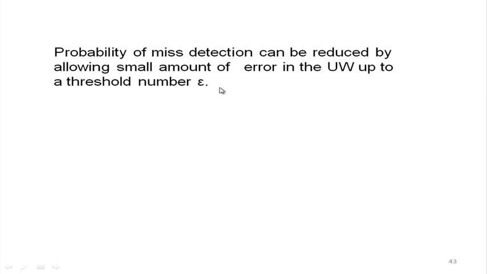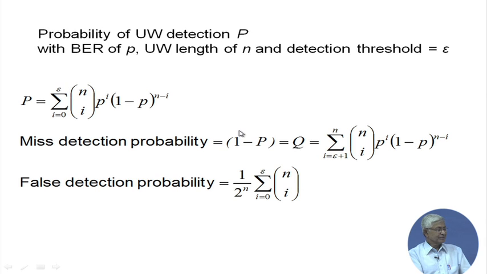Now, the probability of misdetection can be reduced if you tolerate one error, or two errors, or epsilon number of errors, depending on how much tolerance your system has. That is, you can put a threshold of error tolerance, and this expression is known to you.